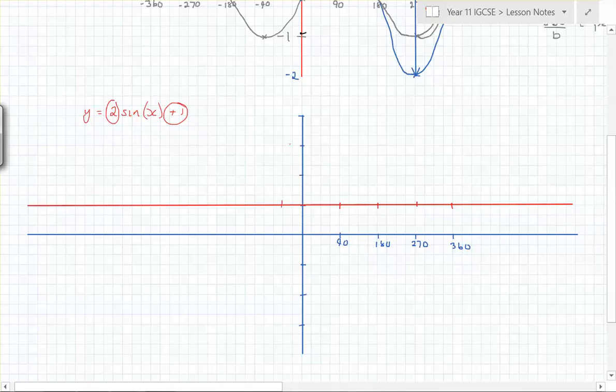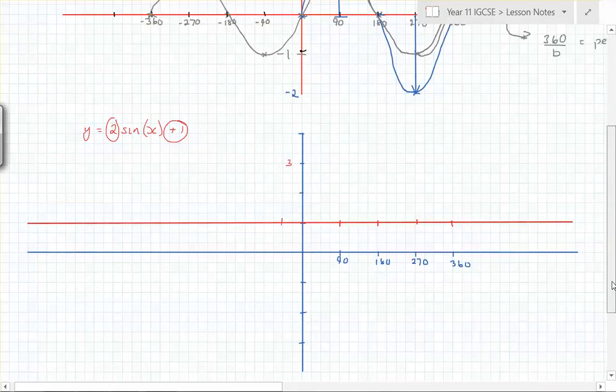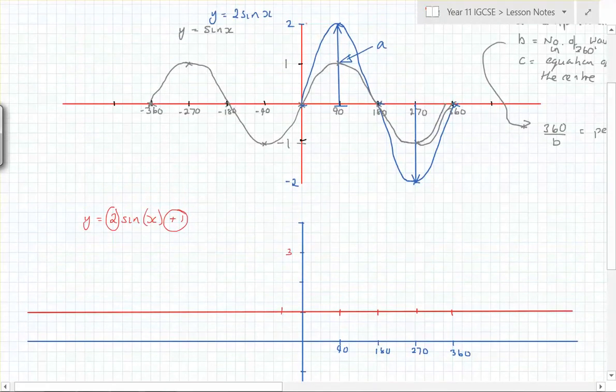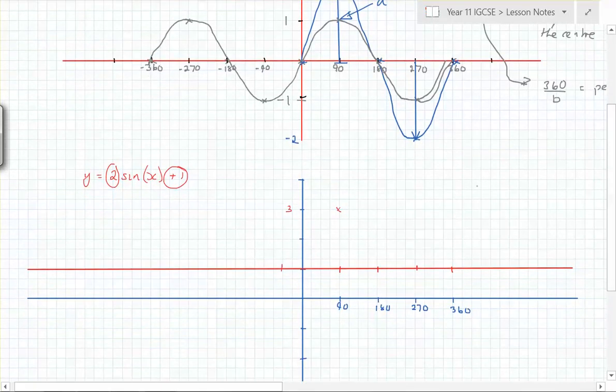Okay, so this point, it was at 2, but if we shift the whole graph up 1, it will now go to 3, won't it? The question is, the minimum was at minus 2, does the minimum go to minus 3?